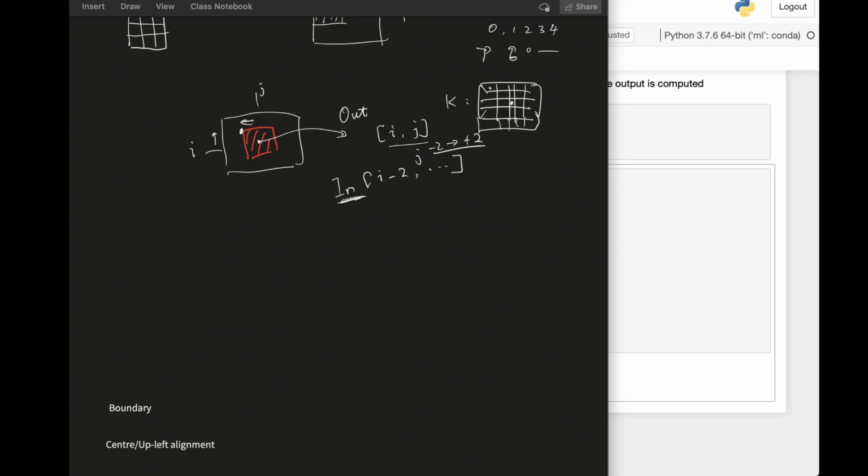We need to arrange that p equals 0 and q equals 0 correspond to the offset from the i and j location of -2, -2. Here there is an alignment that needs to be considered.